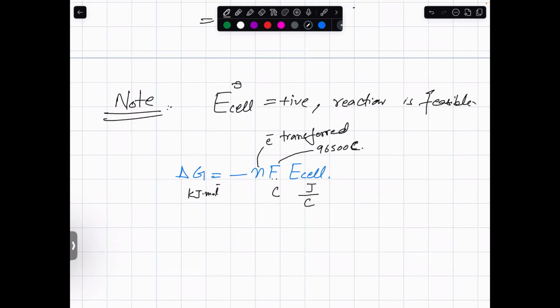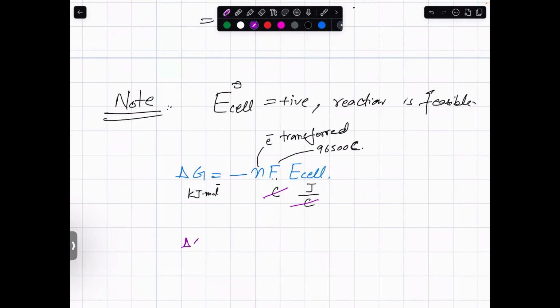So if you see, n is just a number, F is coulombs, and E cell is joules per coulomb. So the coulombs cancel. What is left? Joules. This is kilojoules and this is joules, so you will divide this by 1000.